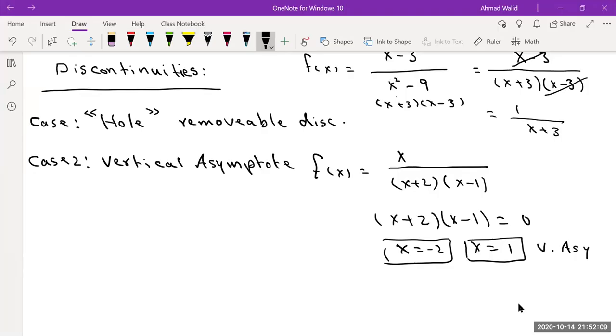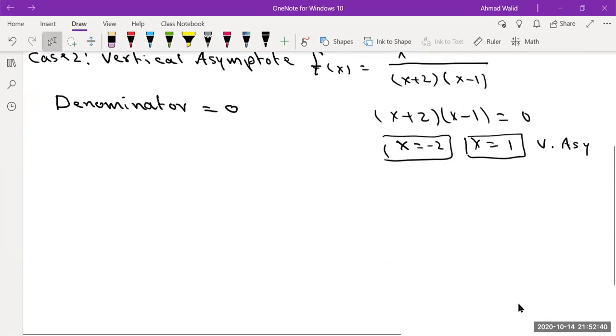Right? When you get a vertical asymptote, usually you are dealing with a rational function. And how do you find the vertical asymptote? Always remember this. Denominator equal to what? To 0. We set our denominator equal to 0 and it gives us the vertical asymptote, correct?